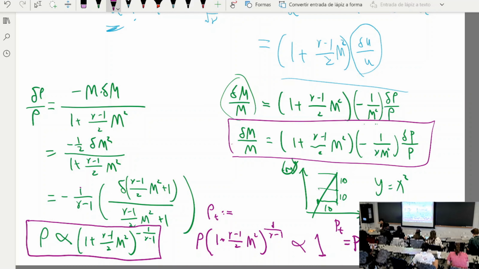Now the stagnation pressure, actually we can say something about it when the Mach number is very small. Does anybody remember the Taylor series expansion for 1 plus epsilon to the power of something?